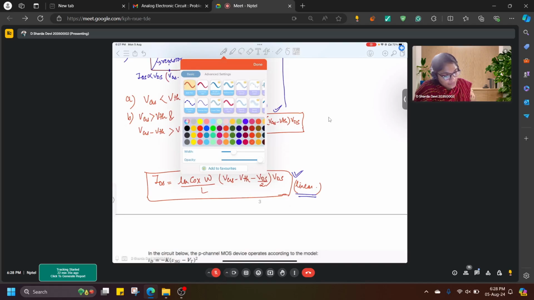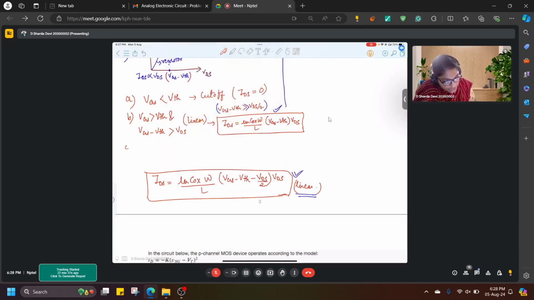Now coming to the third situation where VGS is greater than VTH and VGS minus VTH is smaller than VDS. This is the condition for saturation, and here we will have IDS as mu n Cox by 2 W by L times VGS minus VTH whole square.